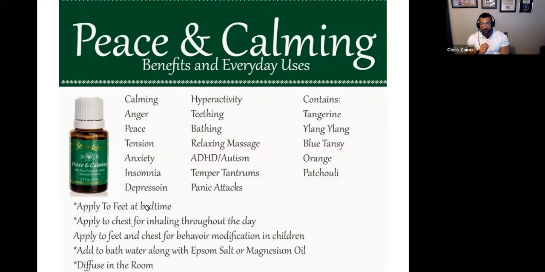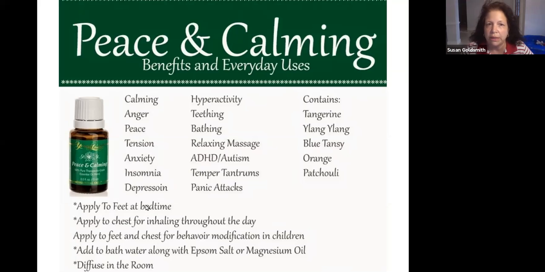So, peace and calming is really an amazing oil. It is something that I diffuse in my diffuser all the time. It's very calming, so I'll use it to calm myself down as well as for my dogs. And it's great for anger, tension, anxiety. It helps me to sleep. It'll help you as well. It's great for babies, for bathing, for ADHD, temper tantrums.